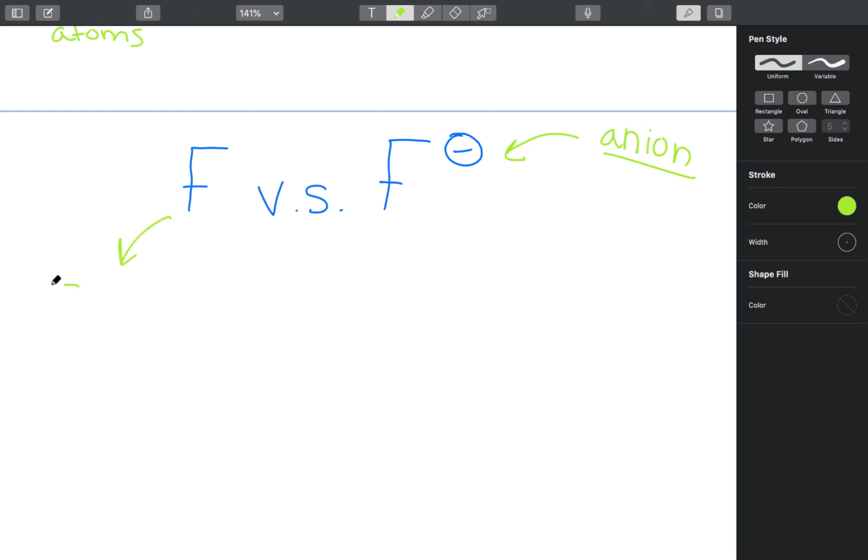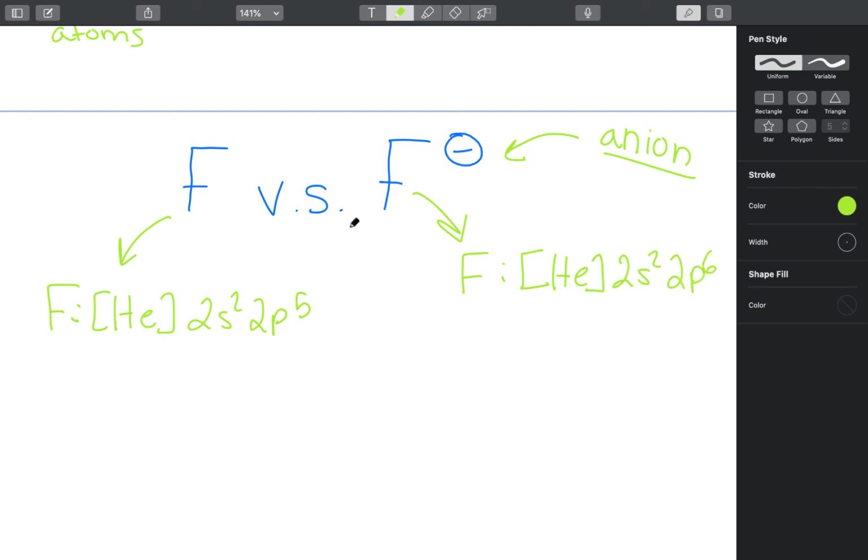Fluorine has the electron configuration of the noble gas helium with 2s2, 2p5. However, fluoride has helium, 2s2, and then 2p6. So you have more electrons in the fluoride ion than fluorine.